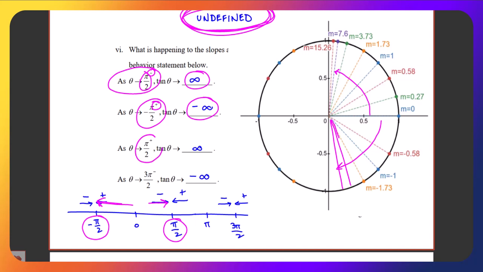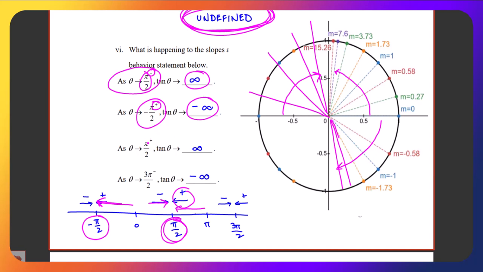As I approach pi over 2 from the right, the positive end, that means I'm going from pi to pi over 2. That's this way. And the lines are getting steeper and steeper and steeper, but the slope is negative. Let me correct that. Let's do that again.